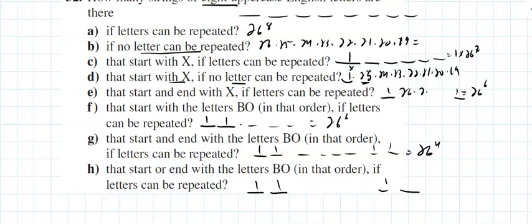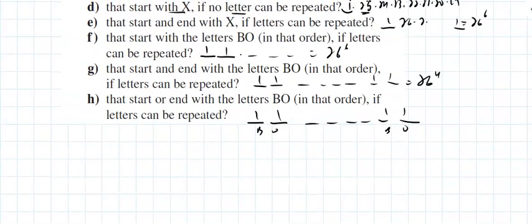Again, one way, because you must choose a B, you must choose an O. But what's in between now, if the letters can be repeated, we just did that. That starts and ends with the letters BO. Okay, take that back.